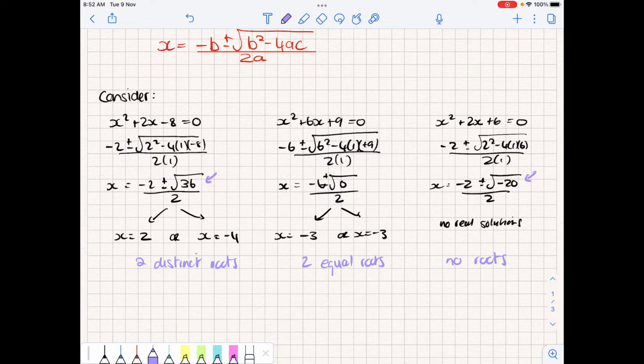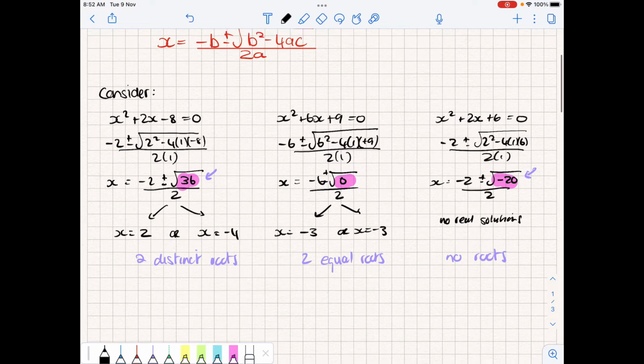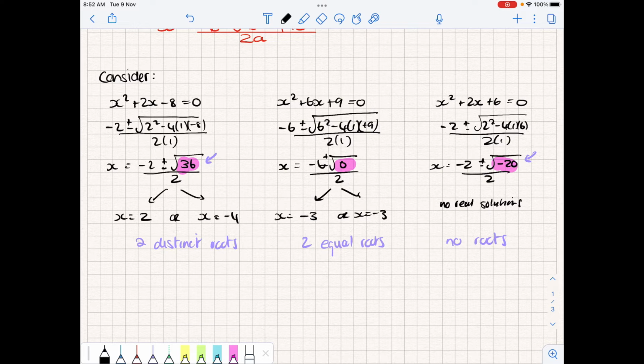The important thing to note is that the results of our solutions are being affected by what's underneath the square root. If it's a positive number, we'll get solutions; if it's a negative number, we wouldn't get solutions. And this is what we call the discriminant.